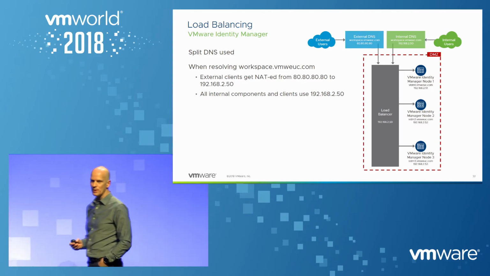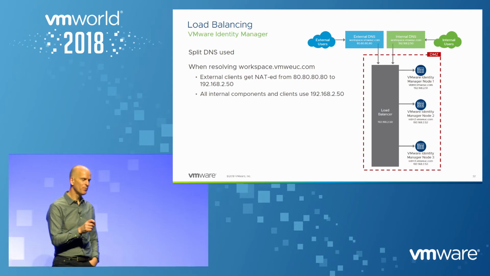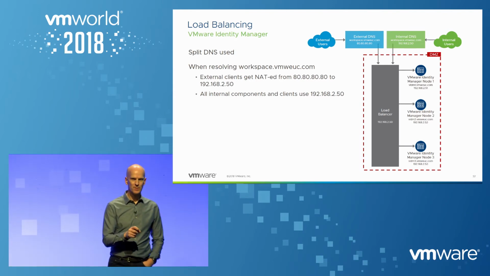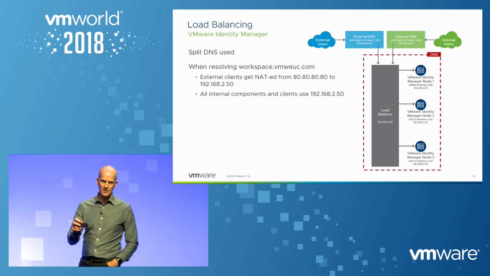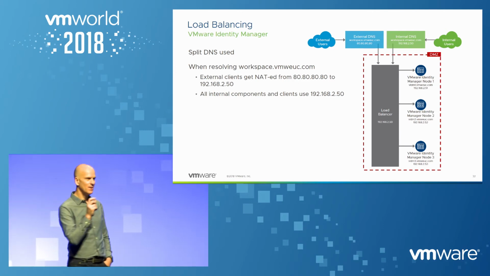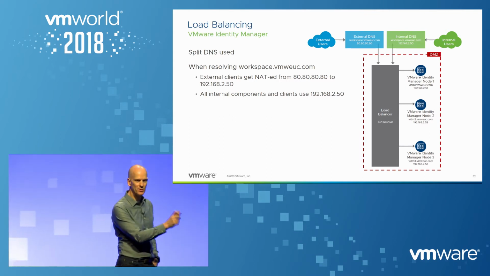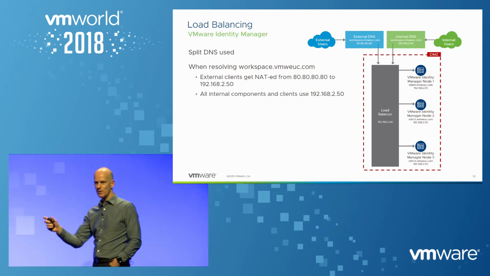One important thing with Identity Manager and that appliance, that web service we're talking about, we do need split DNS. By split DNS, I mean if I'm coming from outside and using an external DNS, the FQDN I refer to my Identity Manager service as a user has to be the same FQDN that I'll use internally.